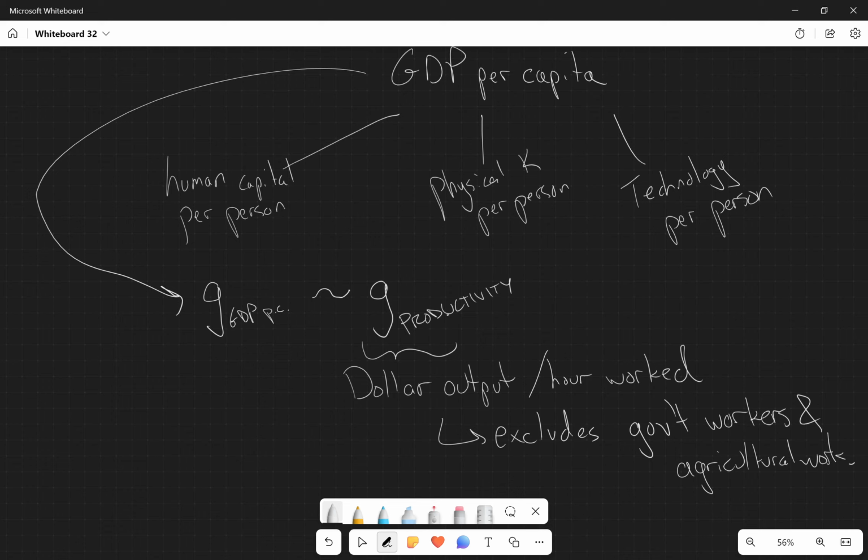And so what we found over time is that our GDP per capita has really followed this productivity measure. The productivity measure increases during certain technological booms, like during the 90s when computers and the internet first came out. We have found that there has been a slowdown of productivity in the last 10, 15 years, and economists are kind of worried.